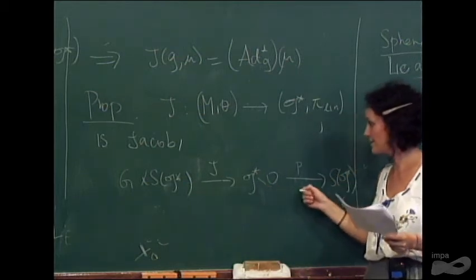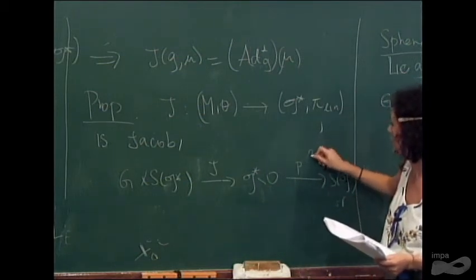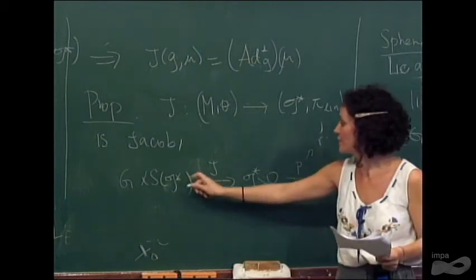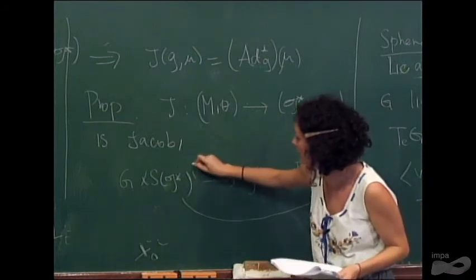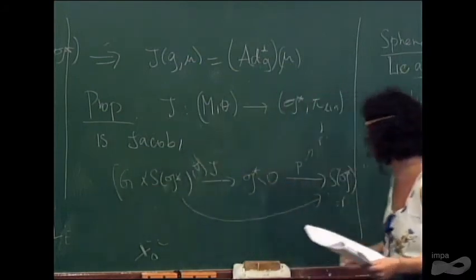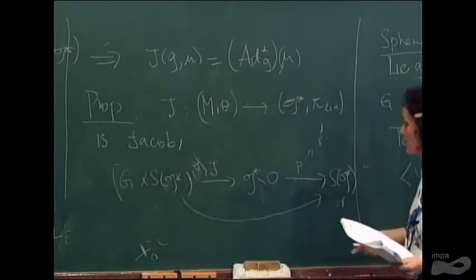This is Jacobi, this is Jacobi. This is with conformal factor r, so this will be Jacobi. Theta lives here. This will be Jacobi with conformal factor.